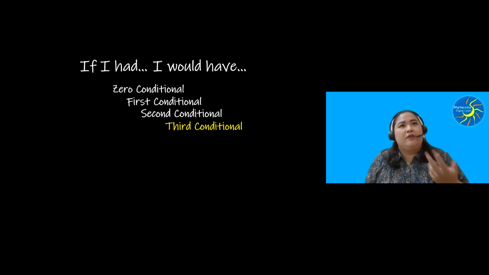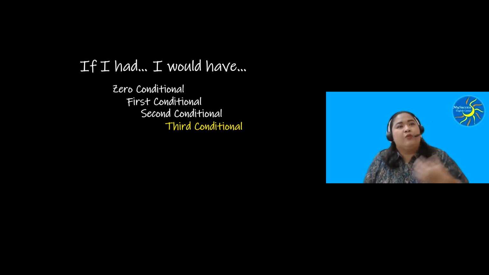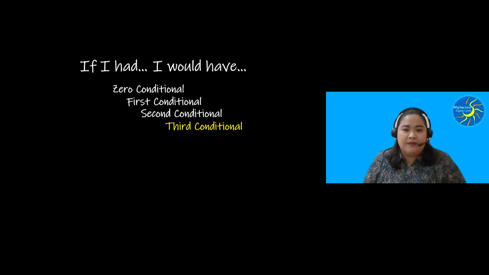Have you ever wished that you could change what happened last night, for example? Yes, so you wish that you had been somebody else yesterday, for example. So if we talk about third conditional, it means that we are showing our regret or disappointment about a situation that happened in the past.